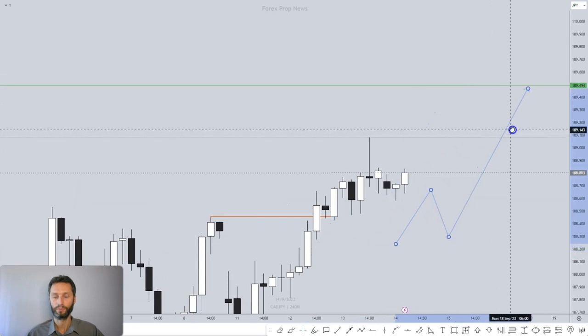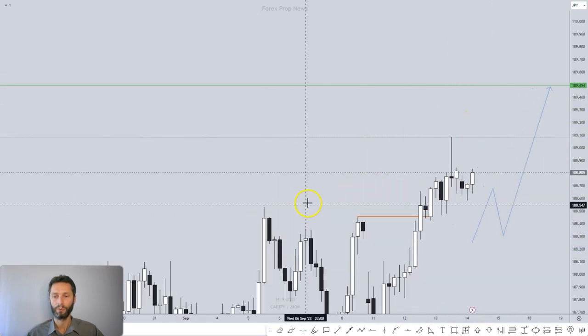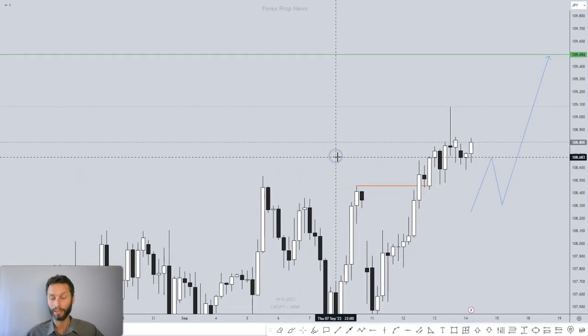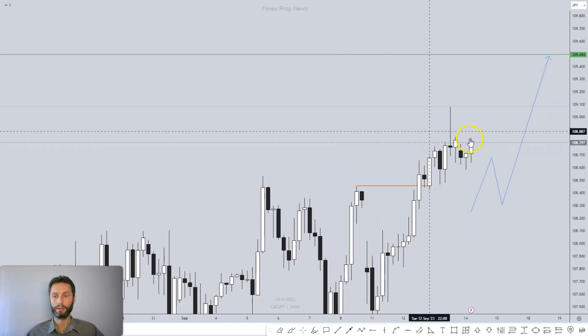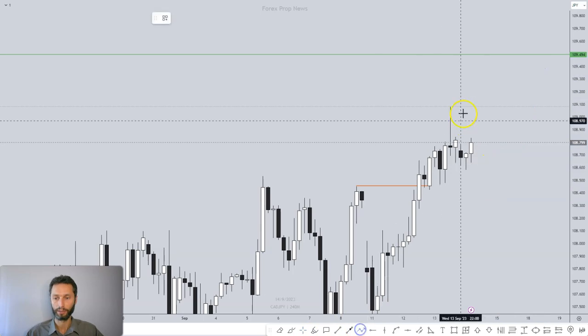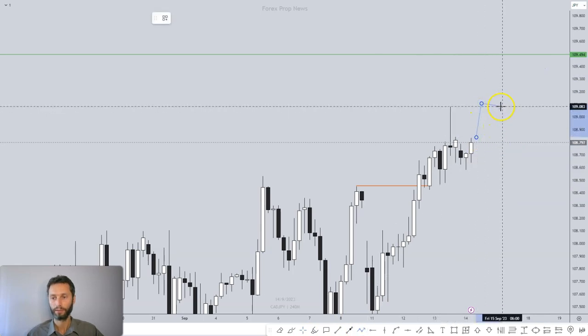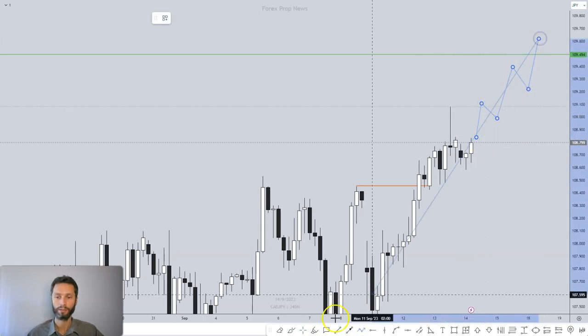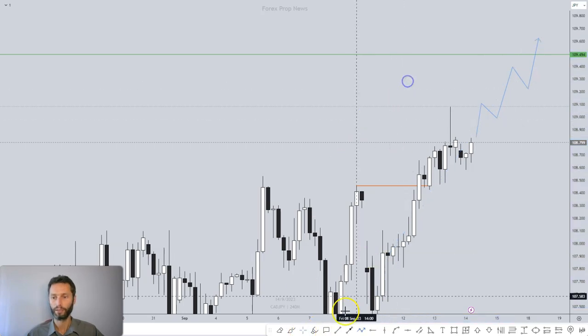So this is indeed what we expected, what we're anticipating, I should say. And then this is what we're getting. So continuation would now be the next swings, and that would be the scenario.